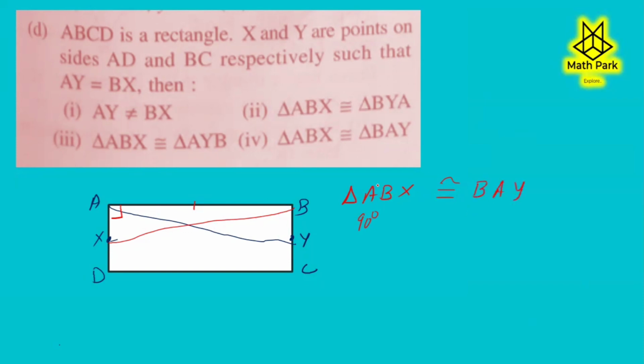Why BAY? Because AB and BA is the common side. Then you have AX is equal to BY is given to you. And you have angle A of this is 90 degrees and angle B of this is 90 degrees. So therefore, option 4, you have triangle ABX is congruent to triangle BAY.